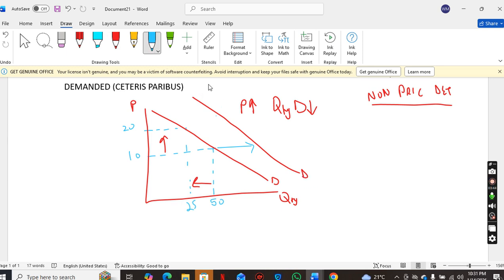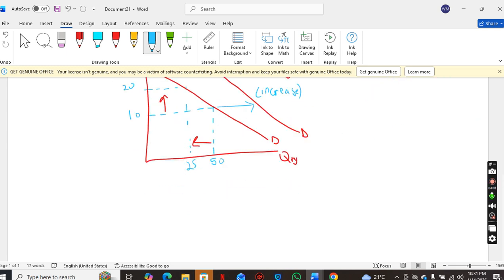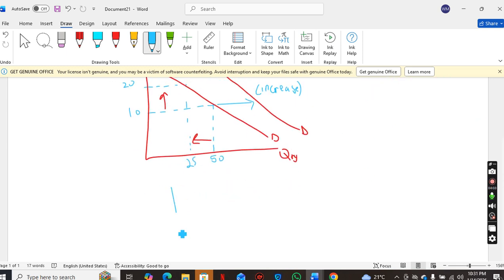This is an increase. Okay. And if our demand curve shifts to the left, let me show it here. If it shifts to the left like this, this is a decrease in demand.